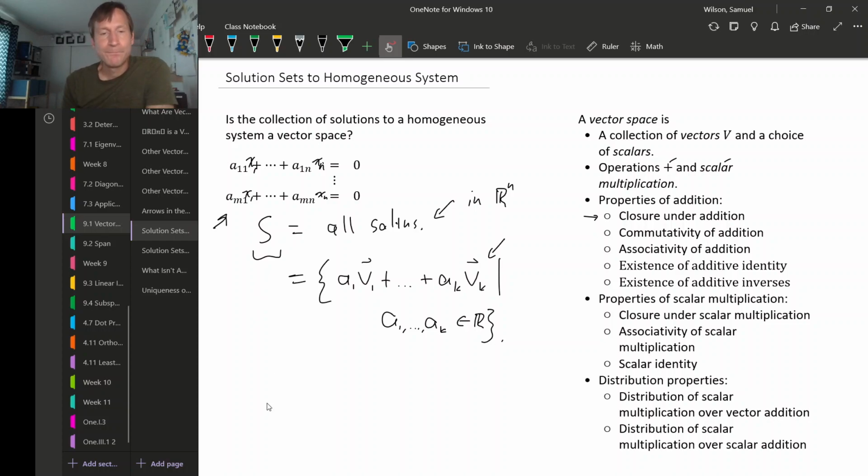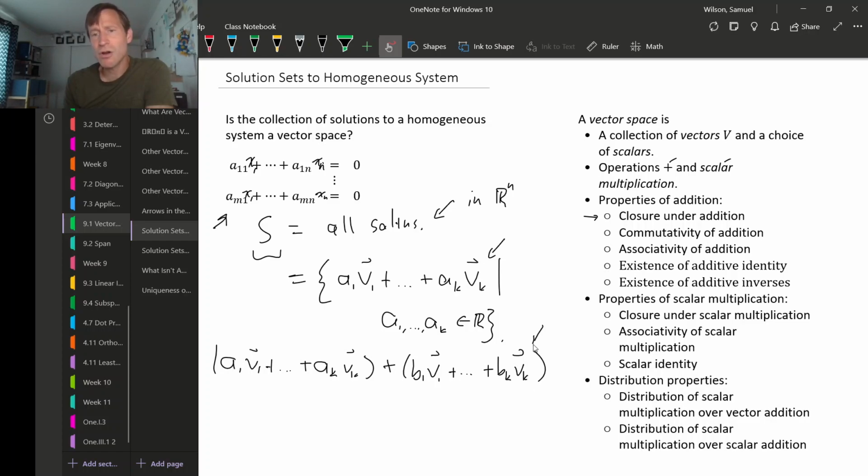So to check closure, we can add two of these together. So say we take a1 v1 through ak vk and add it to another vector of the same form. I can't reuse a, so I'd better use b: b1 v1 up through bk vk.